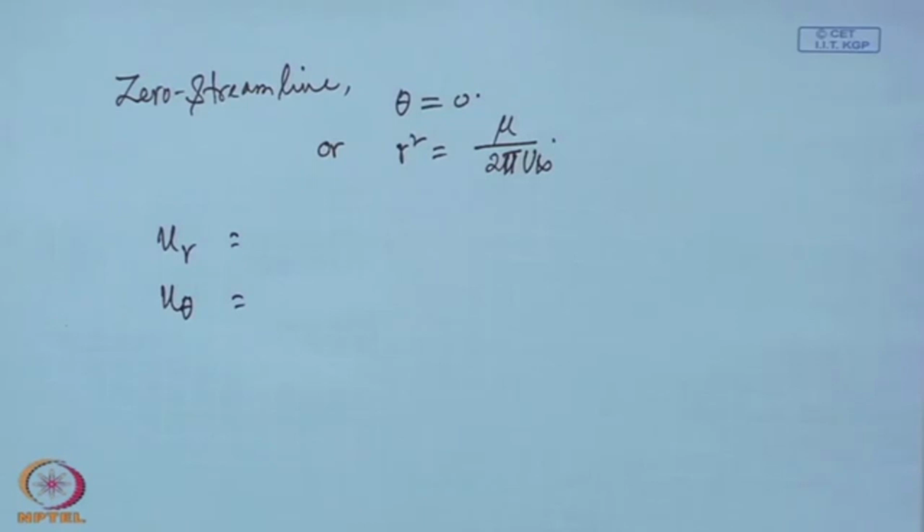u r you can find either as d psi d r, d phi d r, or 1 by r d psi d theta. Either find d phi d r or 1 by r d psi d theta. What is u r?